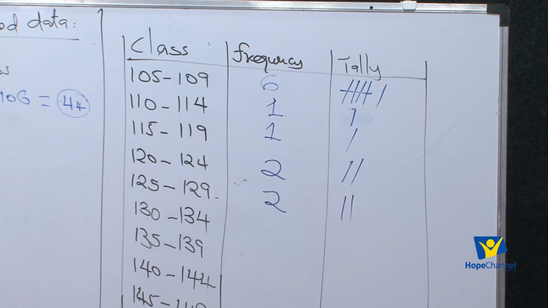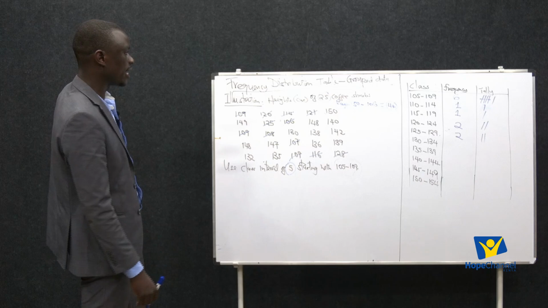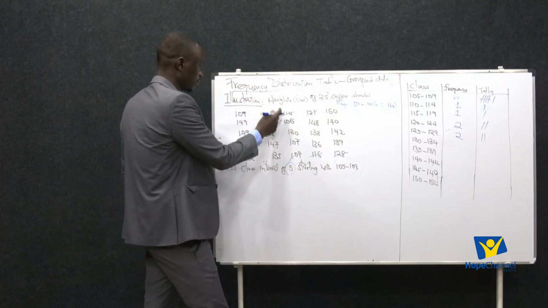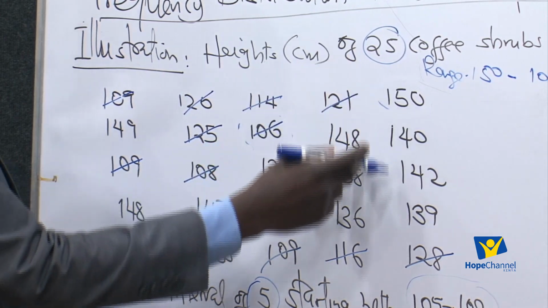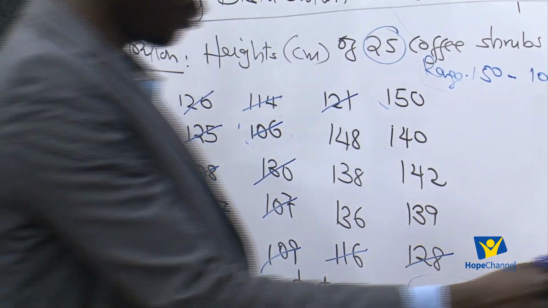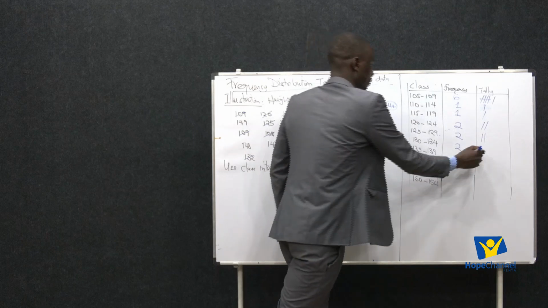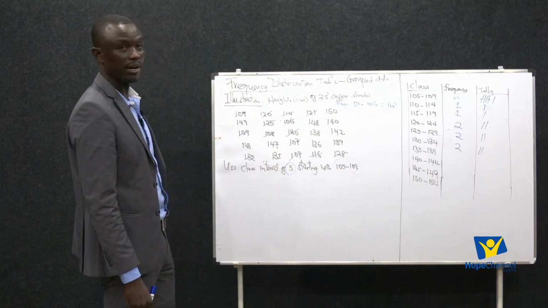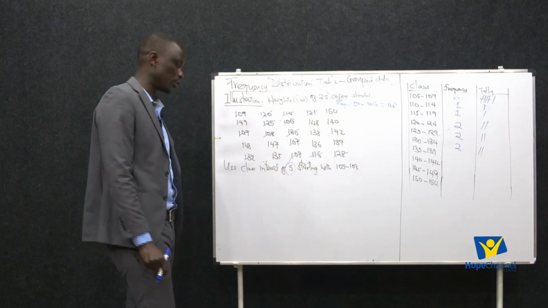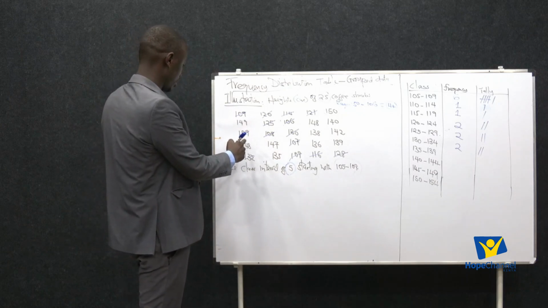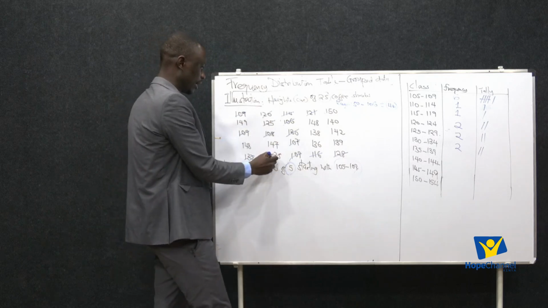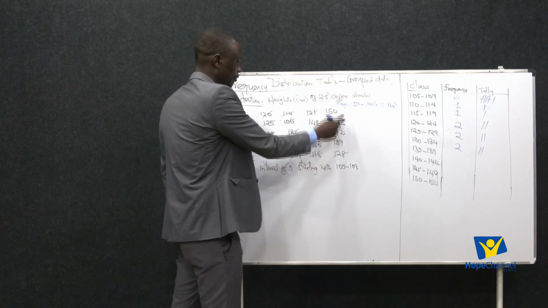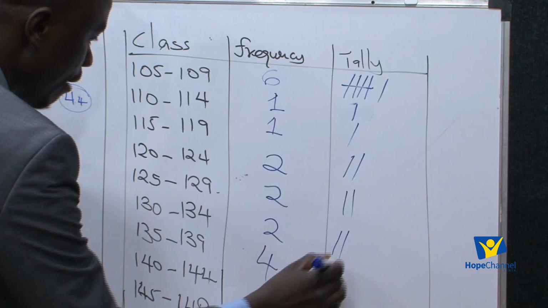Now 130 to 134: 1, 2. Also 2. Then 135 to 139: 1, 2, 3, 4. So here we are having 4.